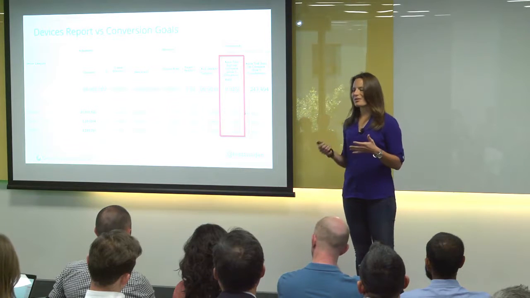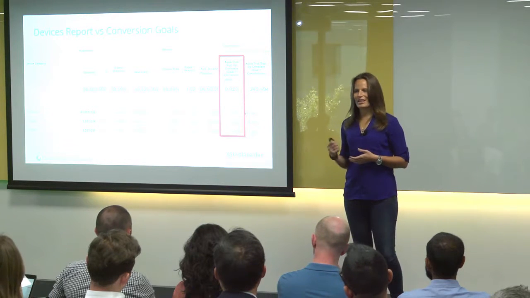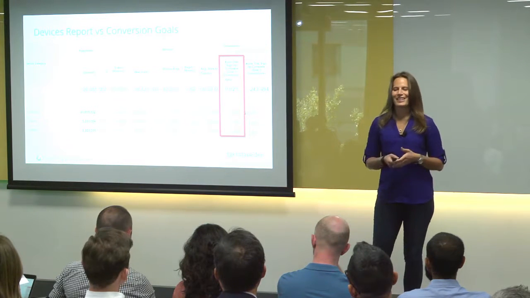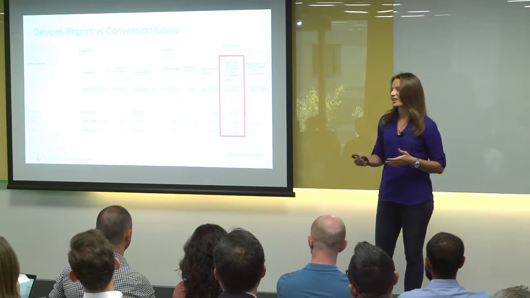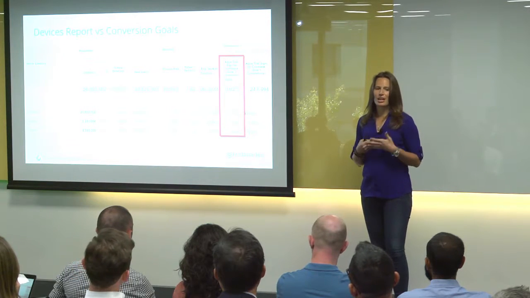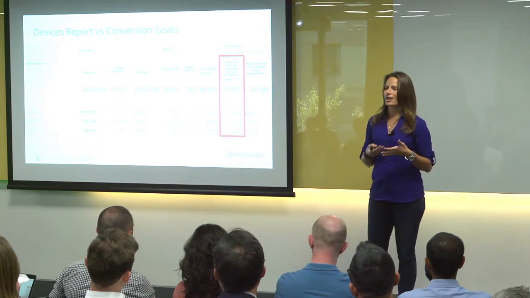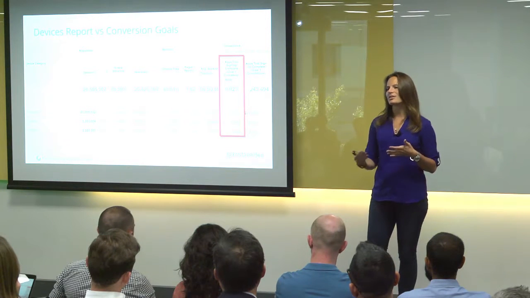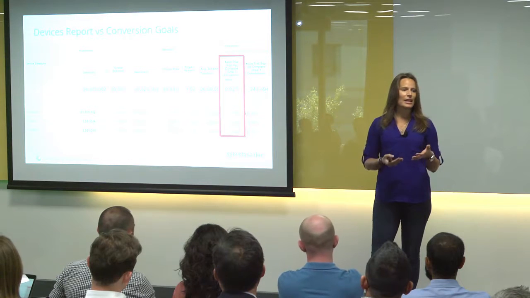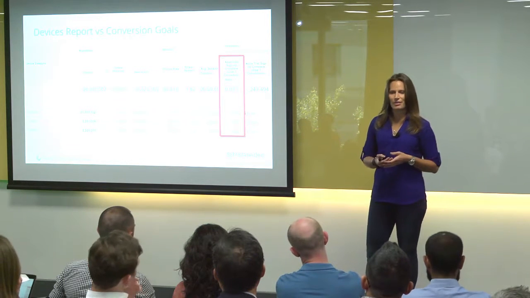What we took away from that, and what we already knew, but the data confirmed, was that our mobile signup flow was not optimized for mobile. And people had a really, really hard time getting through that flow on a mobile device. So we used that data to help confirm that to our stakeholders, that we really needed to put some more emphasis and development resources towards making a more mobile optimized signup flow.